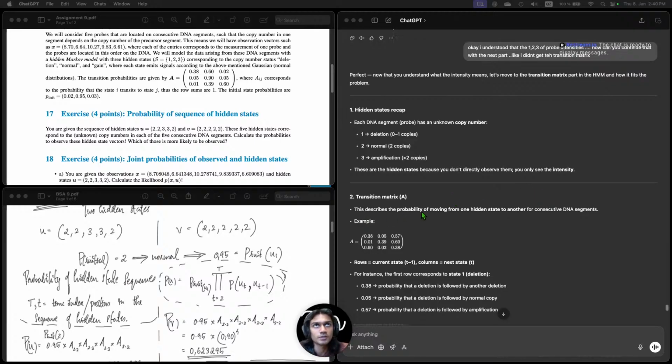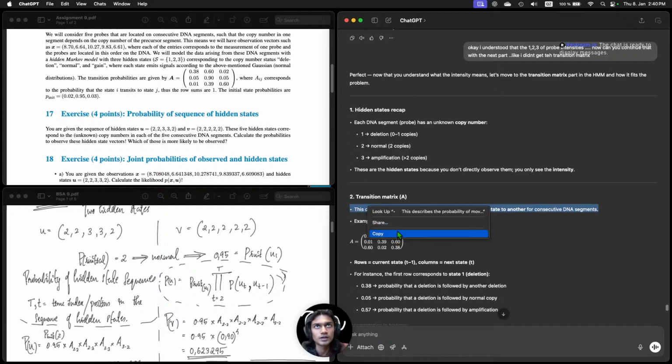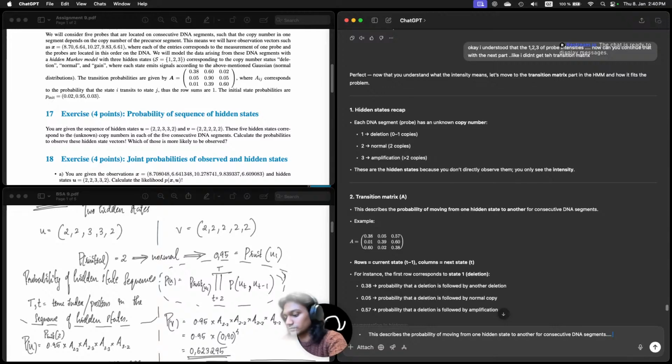Transition matrix: this describes the probability of moving from one hidden state to another for consecutive DNA segments.